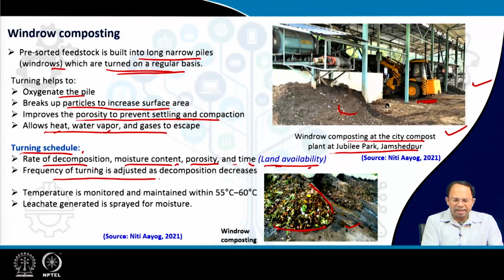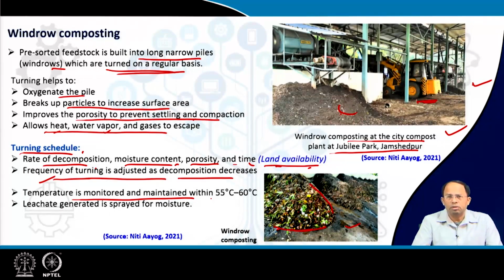So, frequency of turning is adjusted as decomposition decreases. Gradually the decomposition process lowers and accordingly we have to change the turning frequency. So, the turning frequency is not fixed, it has to be adjusted. Temperature is monitored and maintained. We have discussed this earlier as well. If the temperature goes beyond 70 degrees, all pathogens will be killed, and the decomposition will falter.